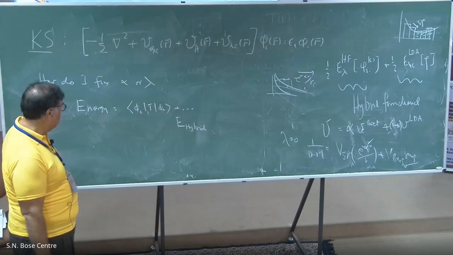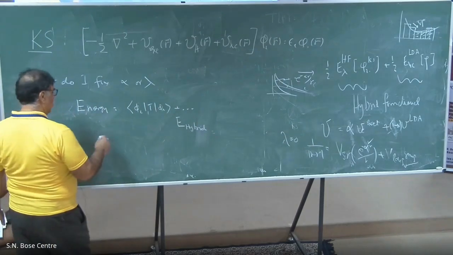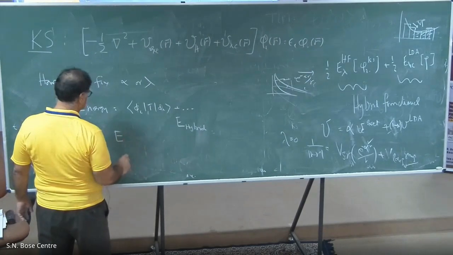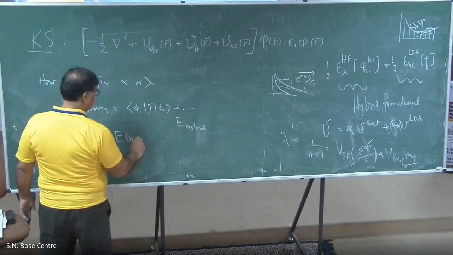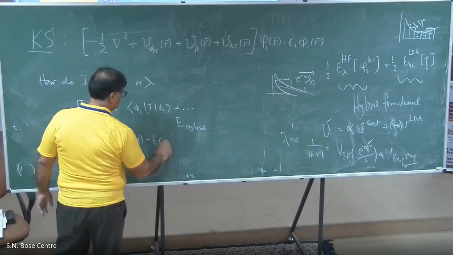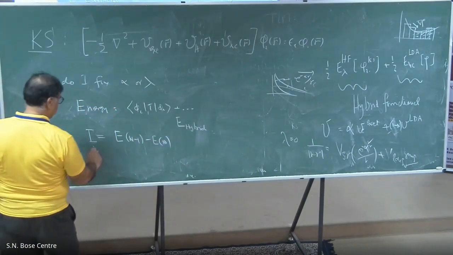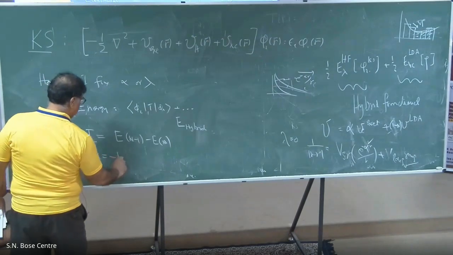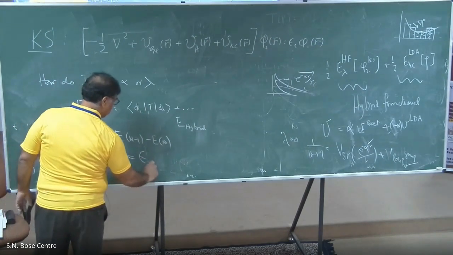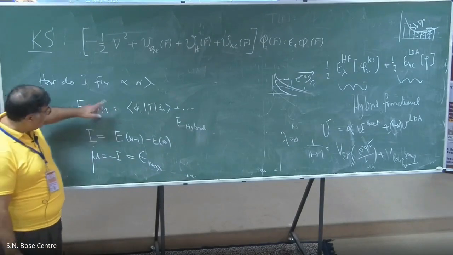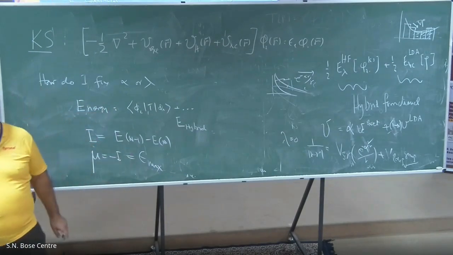Once you do that, I can calculate the ionization energy as E of n minus 1 minus E of n. Now I'm also getting mu equals minus I equals epsilon max. They fit this parameter until these two match.